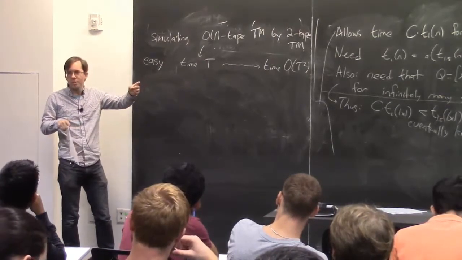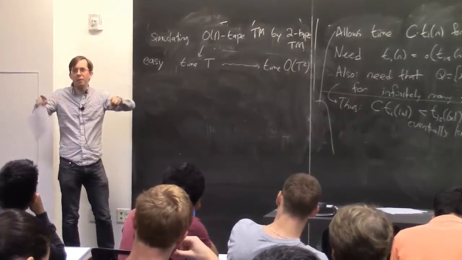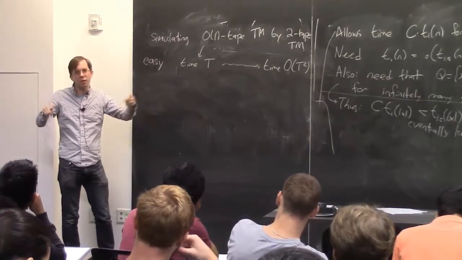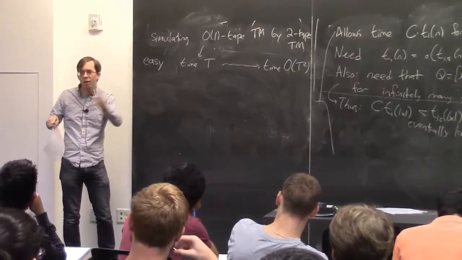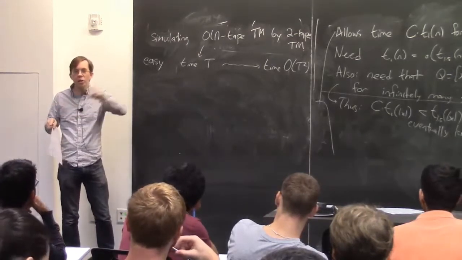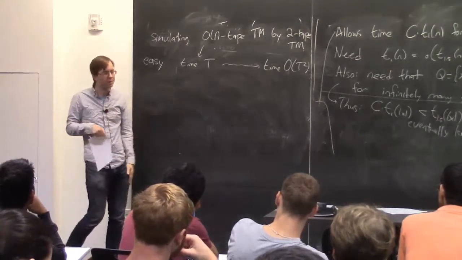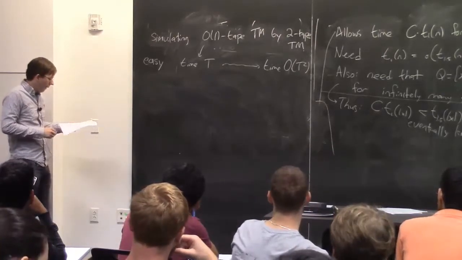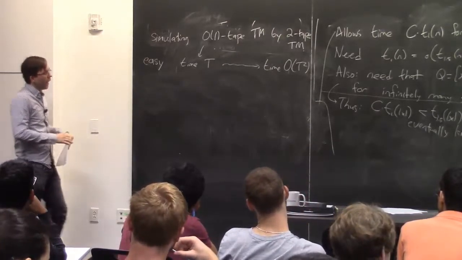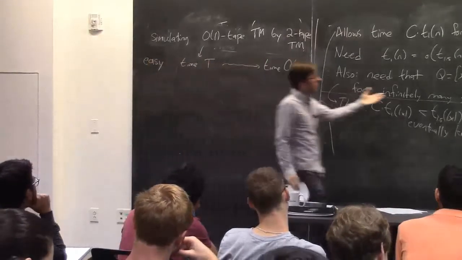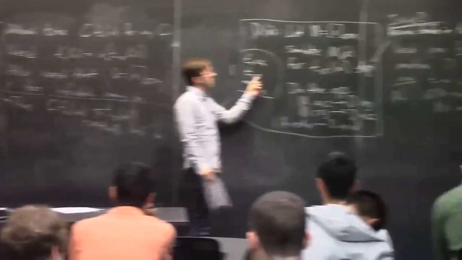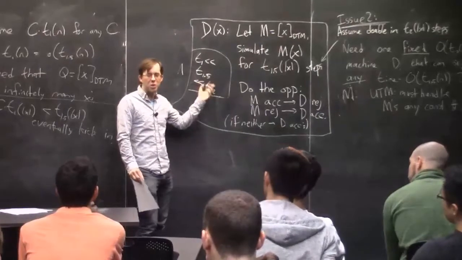But you only have a fixed number of tapes, and their heads could all be up to distance t apart. So even to do one time step, you might have to walk distance t on your own tape to check where all the heads are, so you know what to do next. So that's fine. But what that basically means is in this theorem, we'd have to take t2 to be the square of t1.5, which is a bit of a drag.